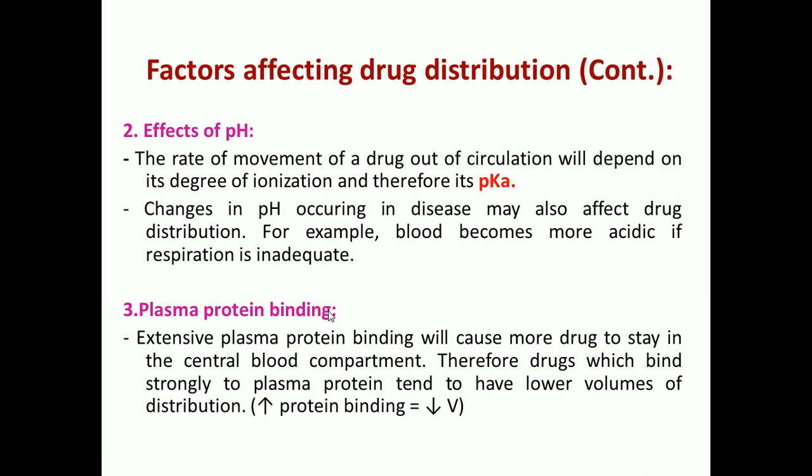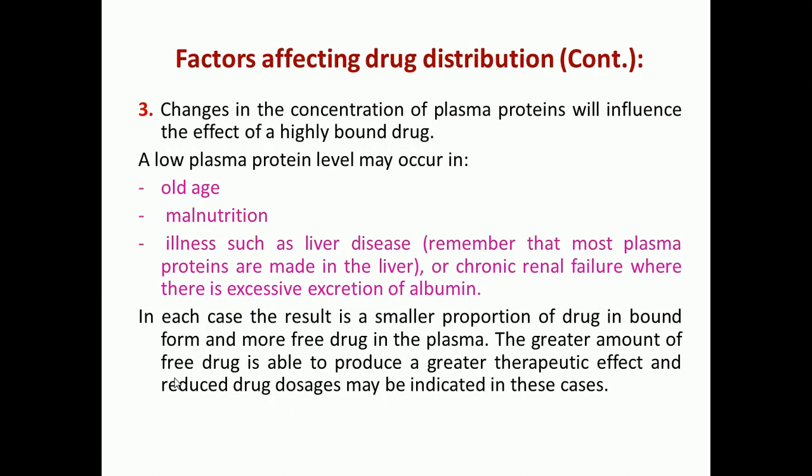Usually the charge defines that the plasma proteins will not be filtered out of the junctions of the capillary, so they remain within the blood. So any drug that binds to plasma protein will remain within the blood. That is the central compartment. In a nutshell, if plasma protein binding increases, drug distribution into the tissues decreases.